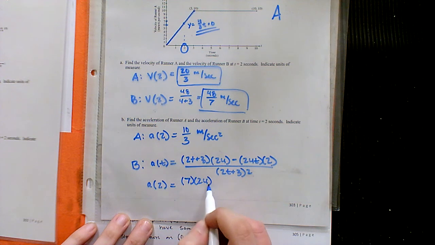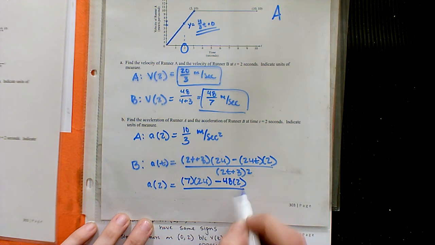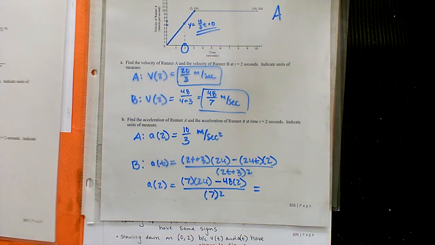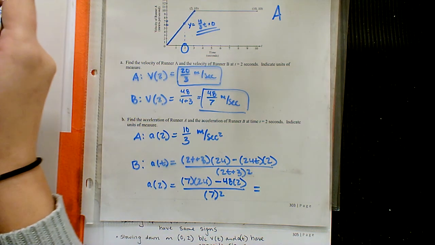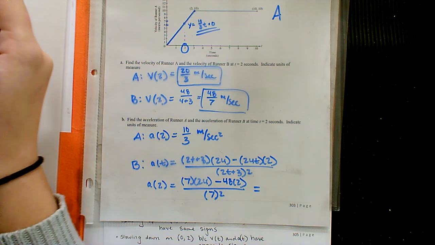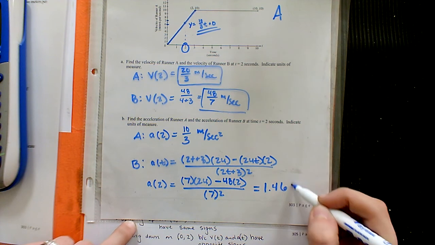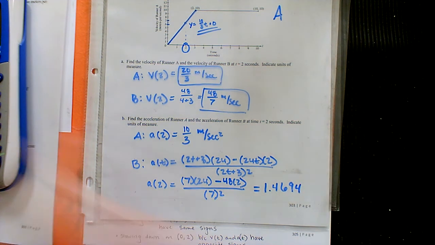So 7 times 24 minus 48 times 2 all over 7 squared. Definitely need a calculator for that one. Let's see. 7 times 24. 1.469. You could be 3 if you chop it, or 4 if you round it.